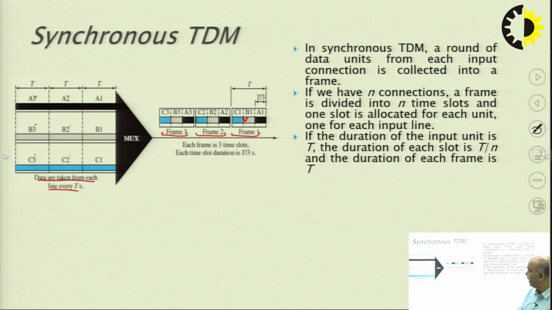So t is the time duration for one frame, and t divided by 3 here is the time slot for a particular user. So t divided by 3 is for A1, t divided by 3 is for B1, and so on. This is enough for one frame, then another frame, and another frame.